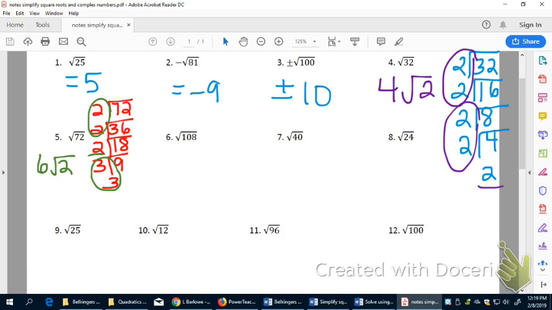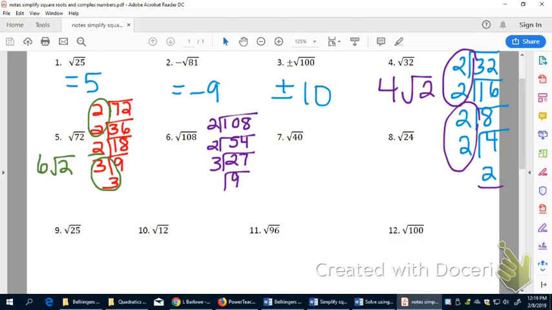Questions? Okay, we're going to do one more and then I'll let you try some again. So let's start with 108. 108 seems really big. It's okay, we can do this. Let's just start with 2, because I know 2 will go into it. It's 54. 2 goes into that. 27 this time. Okay, what can I divide 27 by? 3. Alright.